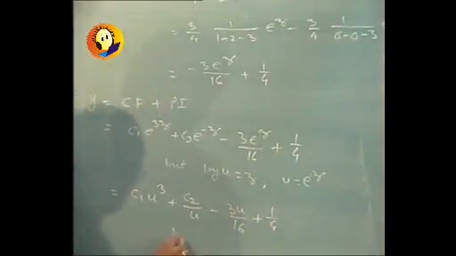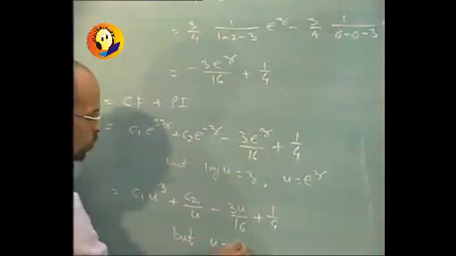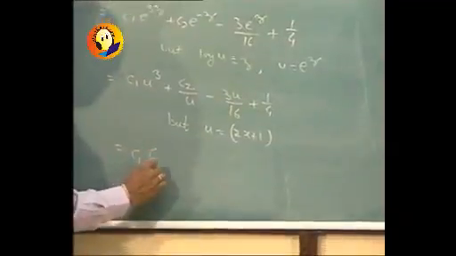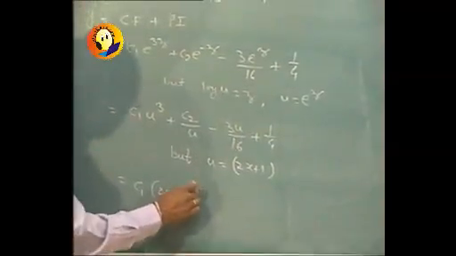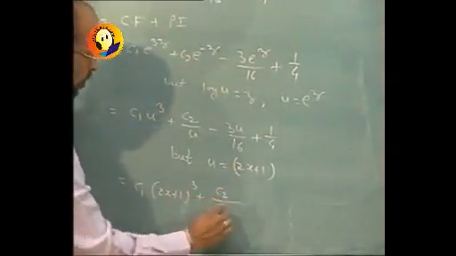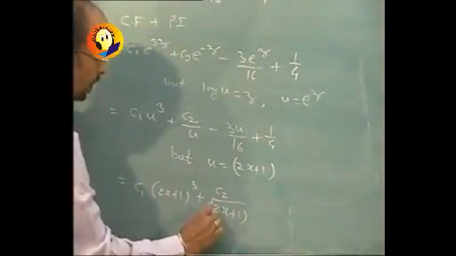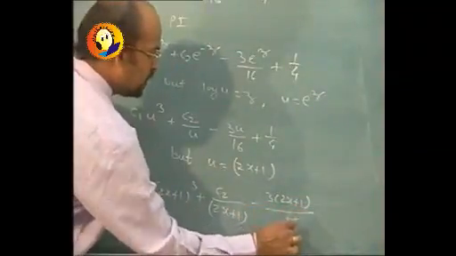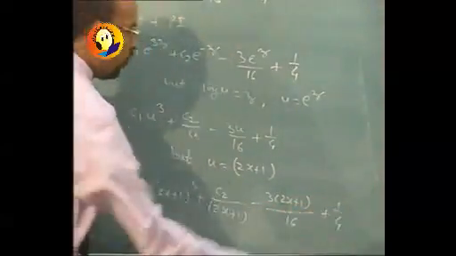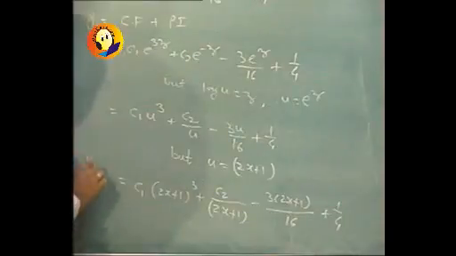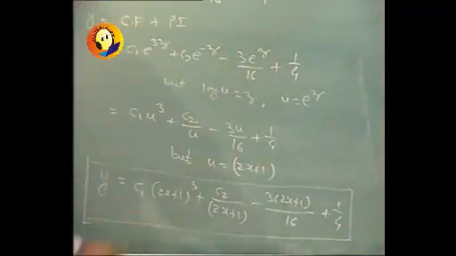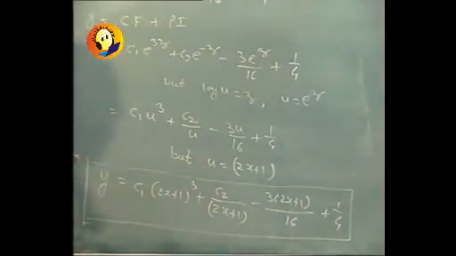But u was 2x plus 1, and so the final answer will be C1 into (2x plus 1) cube plus C2 upon (2x plus 1), minus 3 into (2x plus 1) upon 16, plus 1 by 4, is the required solution for problem number 5, which was the first problem in the Legendre's form for the homogeneous differential equations.